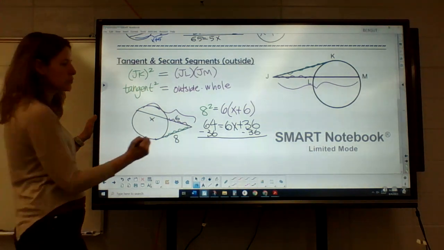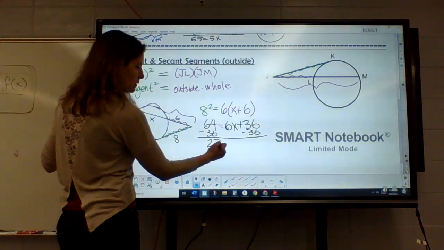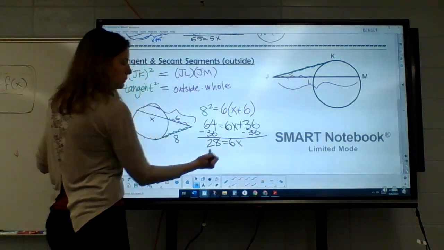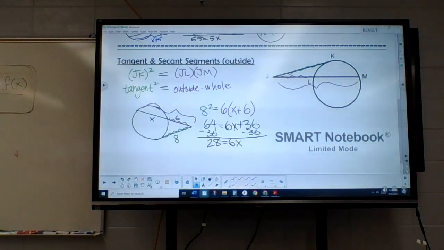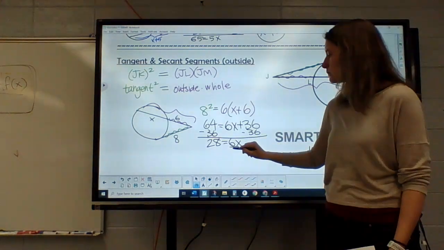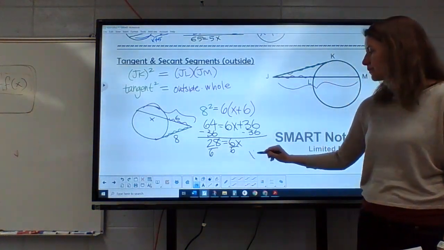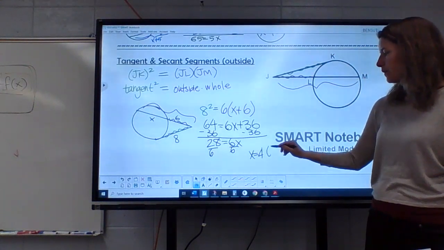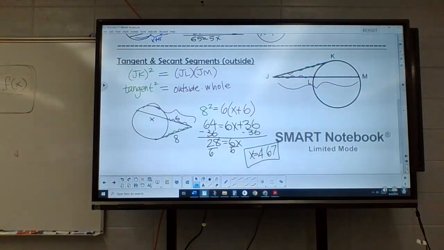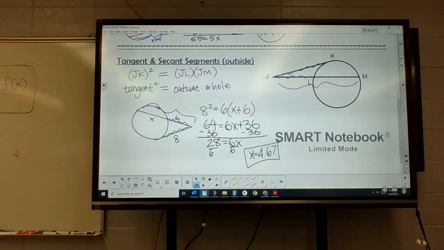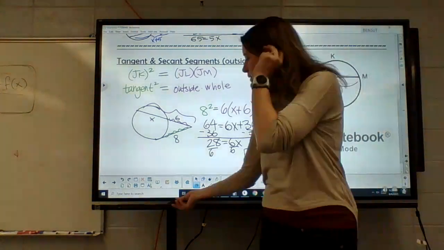That's 28, which is supposed to be a decimal. 4.6 repeated, so I'm going to call it 4.7. All right, so we're going to take a little break before we do some more practice problems with these.